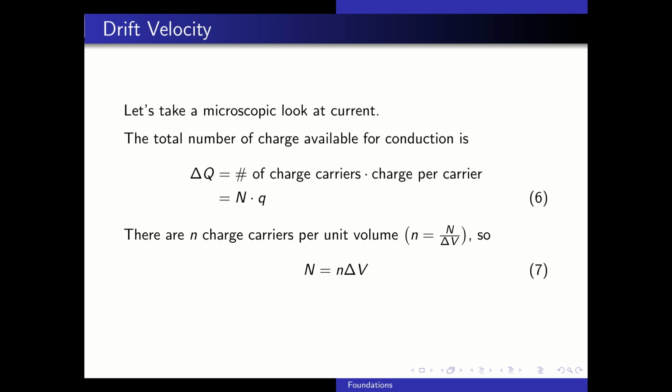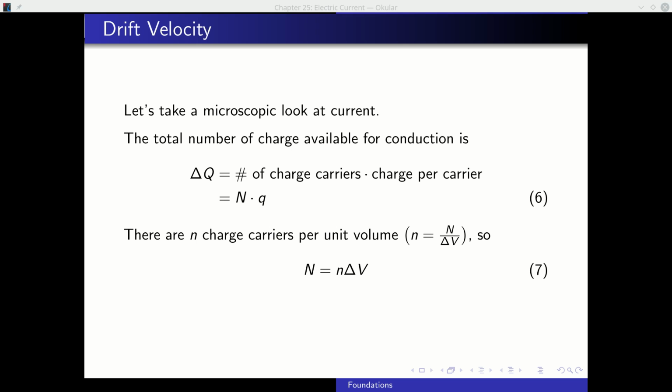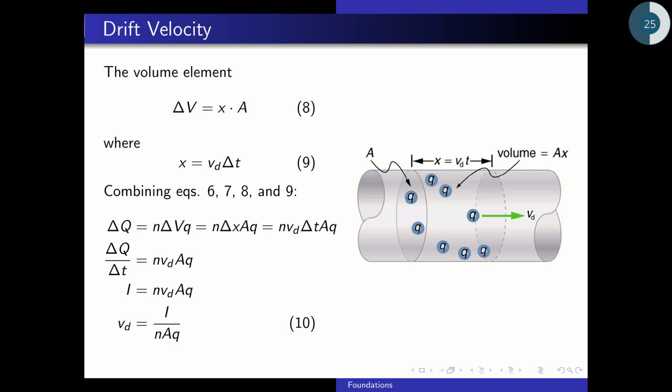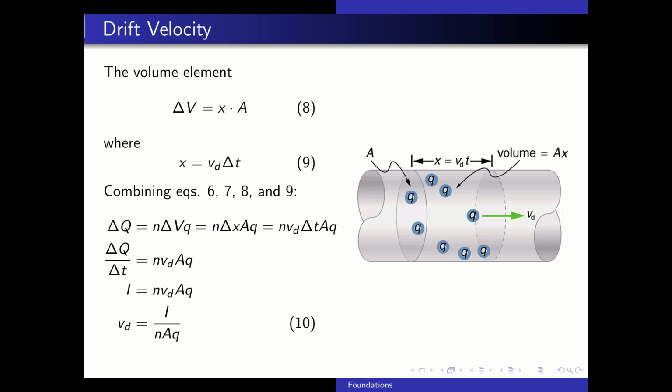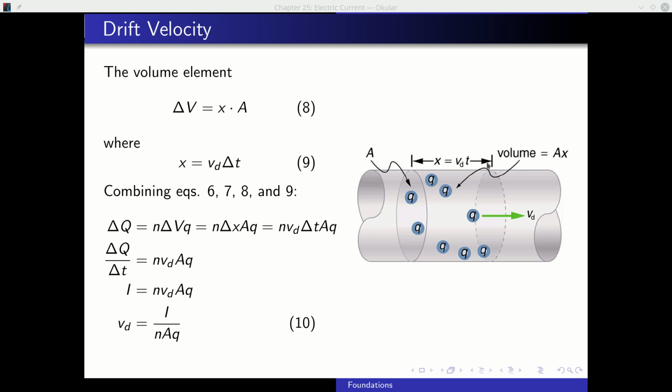There are n charges per unit volume. So the total number of charge carriers must be equal to that little n multiplied by the volume, by how much volume we have. Now, we're going to express a volume element as a cross-sectional area times a length.